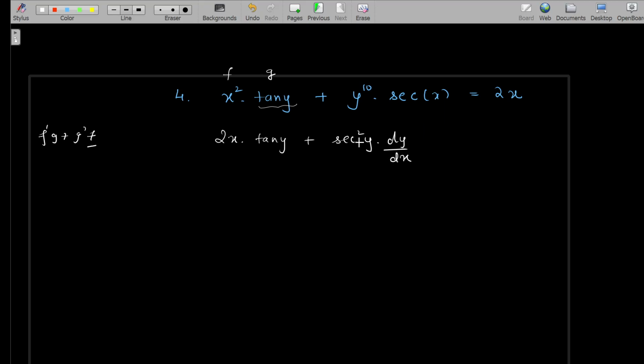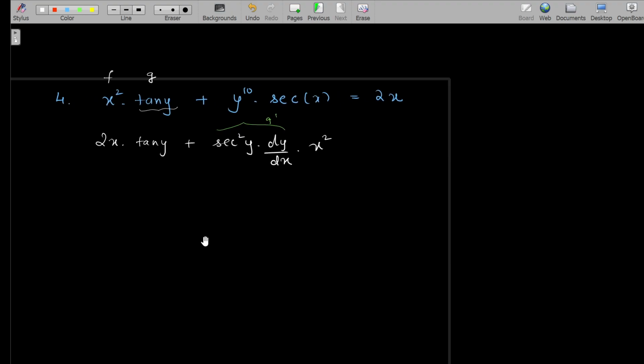So this is your g prime, and then times x square. Now let's differentiate this one. This is f, this is g. So f prime times g plus g prime times f.